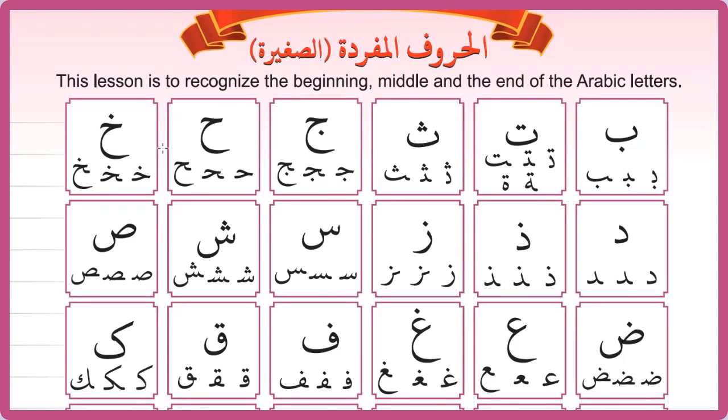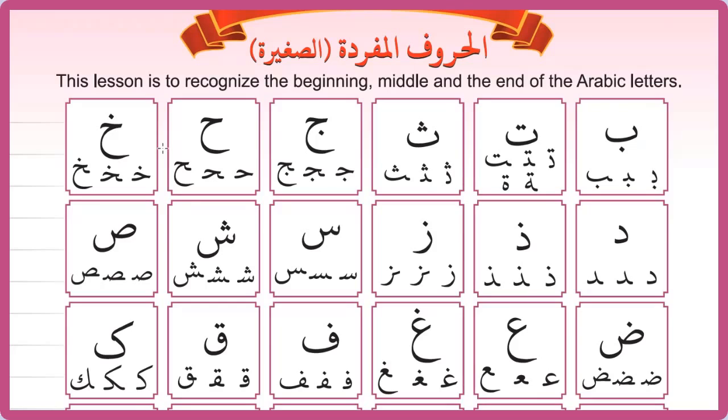So sisters, Alhamdulillah, in the last few classes we have read about the Arabic alphabets, and in the last lecture we did the short forms of different alphabets. As we read before, when Arabic letters become a word, they are in the joining forms, right?